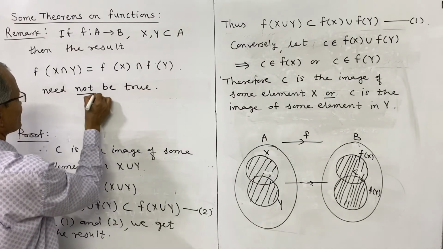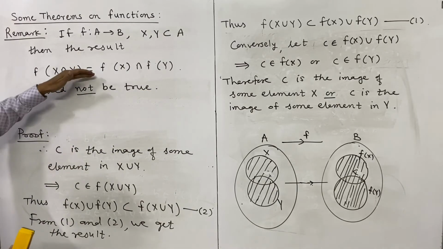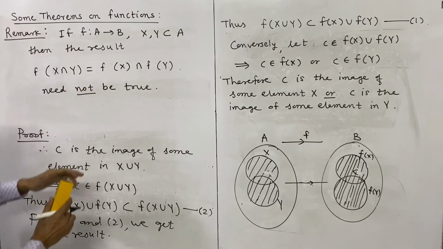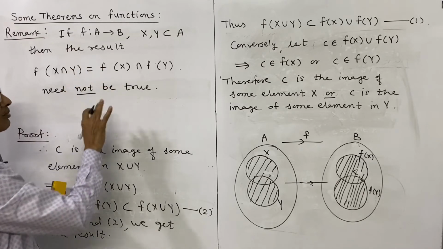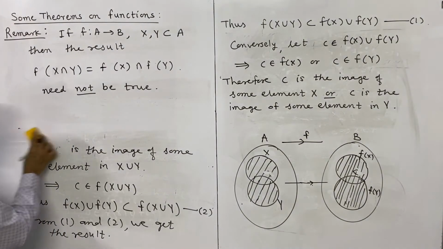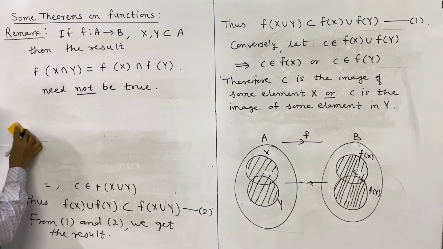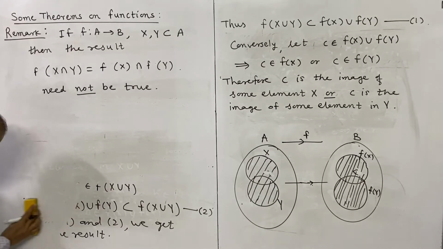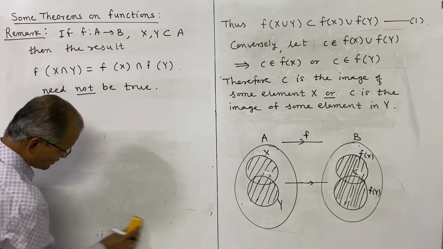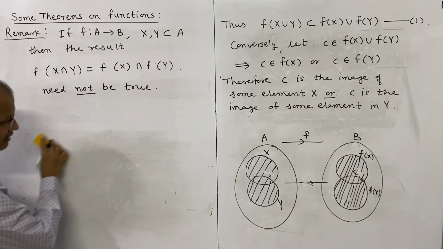It may be false. That means this result does not hold, because when we say it is true or it holds, it must be true for all cases. And to show it does not hold, one counterexample is sufficient, one example in which the result fails.